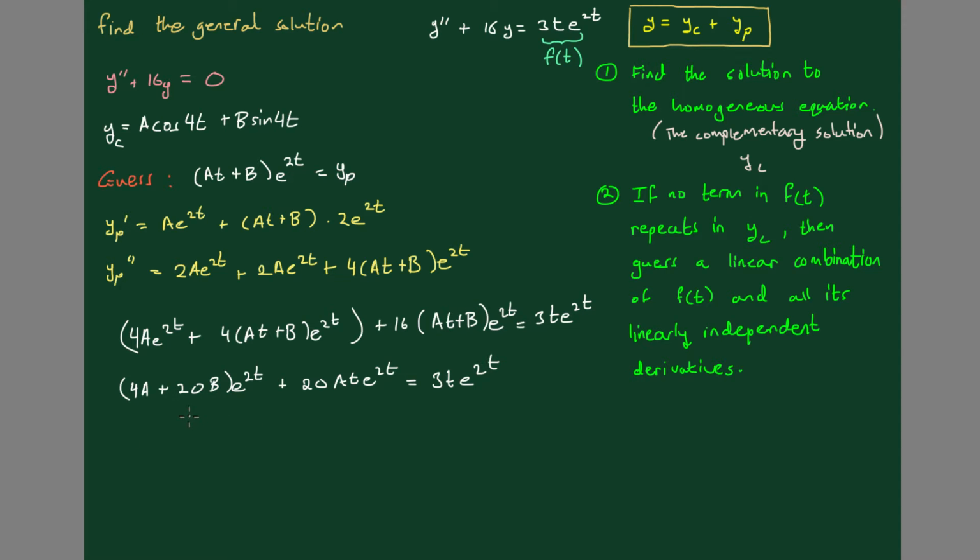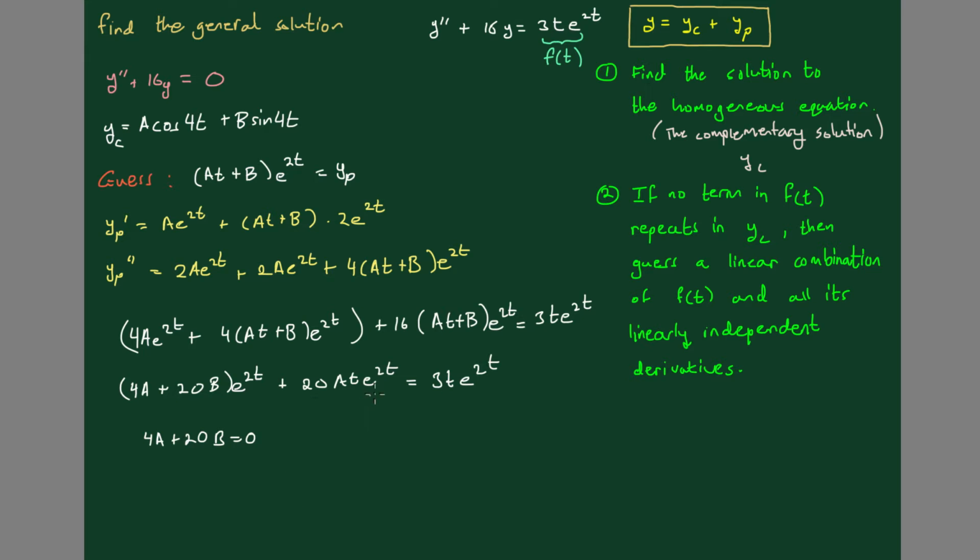And at this point, what we want to do is equate coefficients on both the left hand and the right hand side of the equation. And the way we do that is we take a look at the first term here and we say, well, there's no such term on the right hand side of the equation, so that means this coefficient must be equal to 0. So that means 4a plus 20b must be equal to 0.